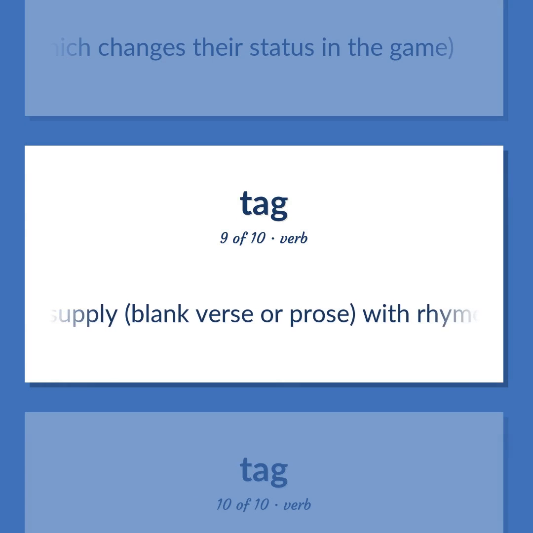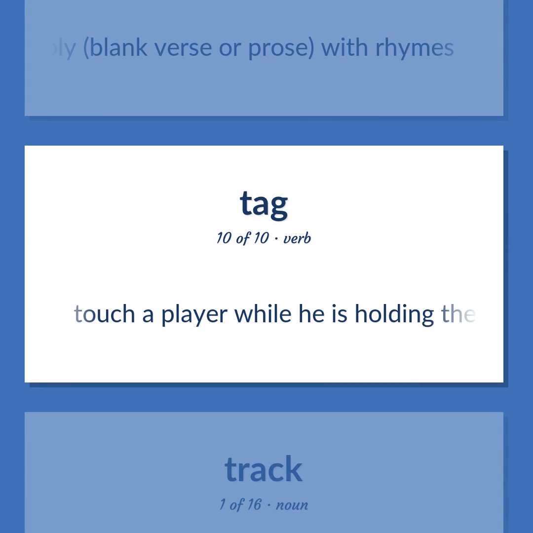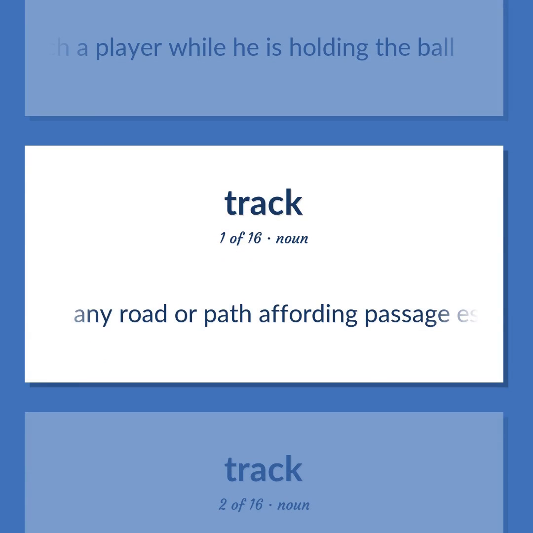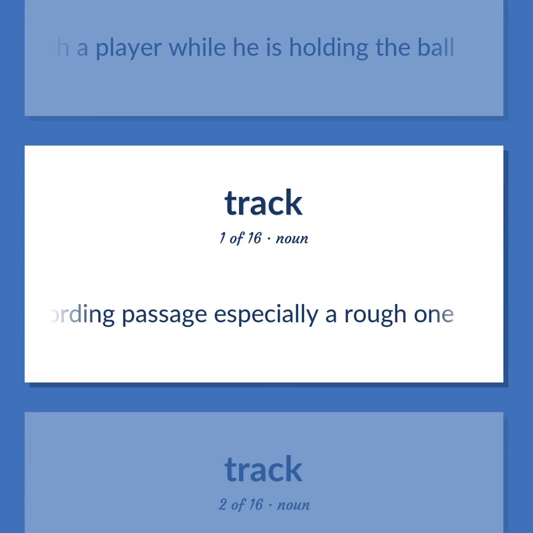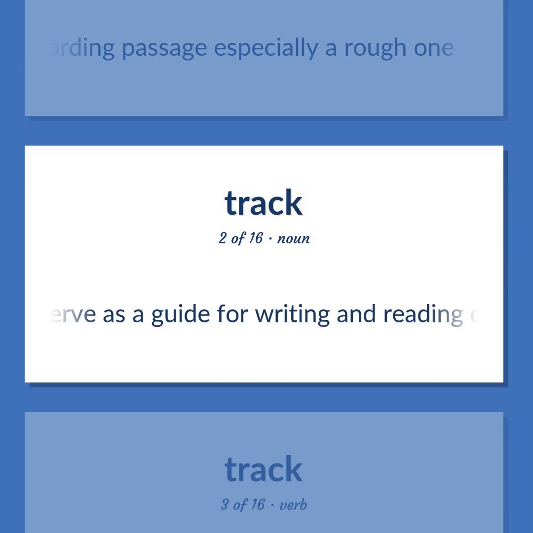Supply blank verse or prose with rhymes. Touch a player while he is holding the ball. Any road or path affording passage, especially a rough one. Computer science. One of the circular magnetic paths on a magnetic disk that serve as a guide for writing and reading data.